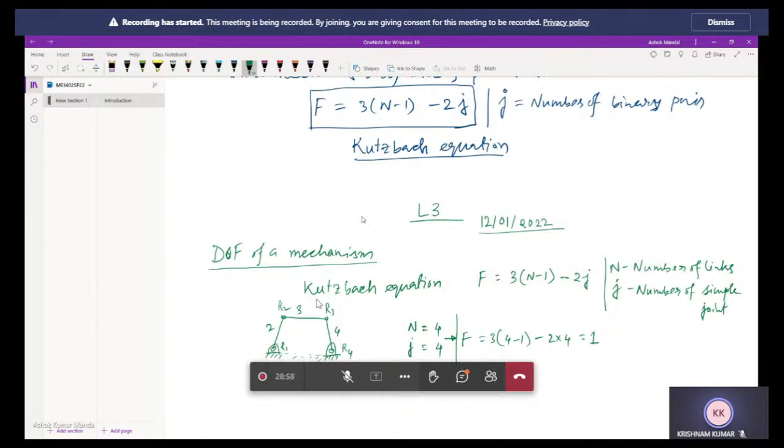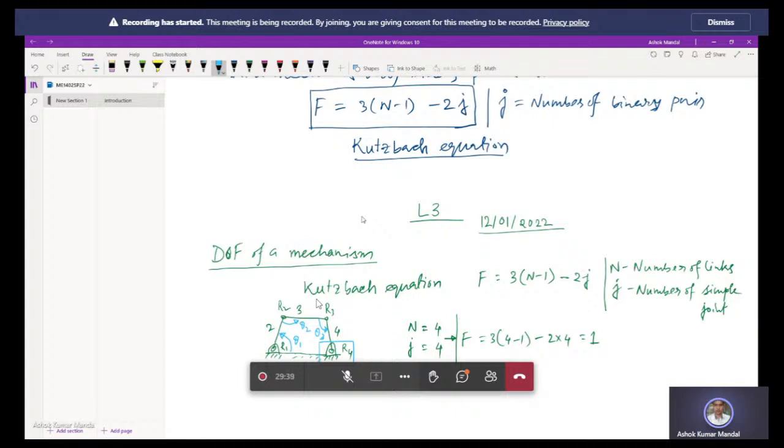Let us discuss. If it is an open kinematic chain, with this end open, then what you can do is assign one coordinate system with this theta 1, then this is theta 2, and then this is theta 3.